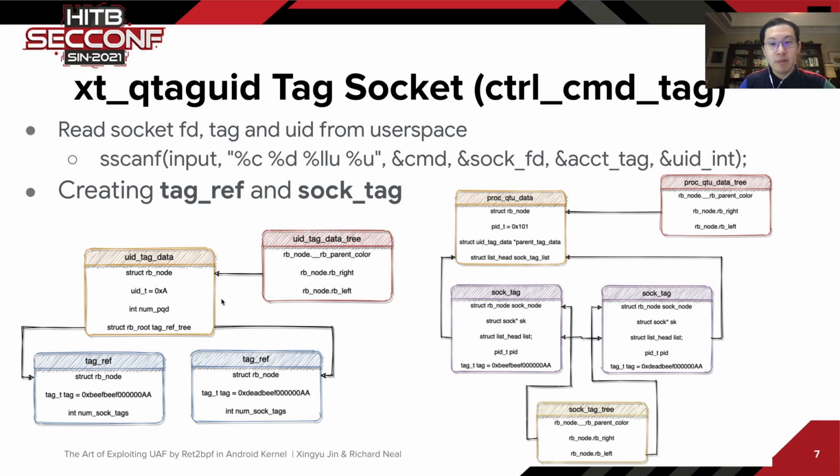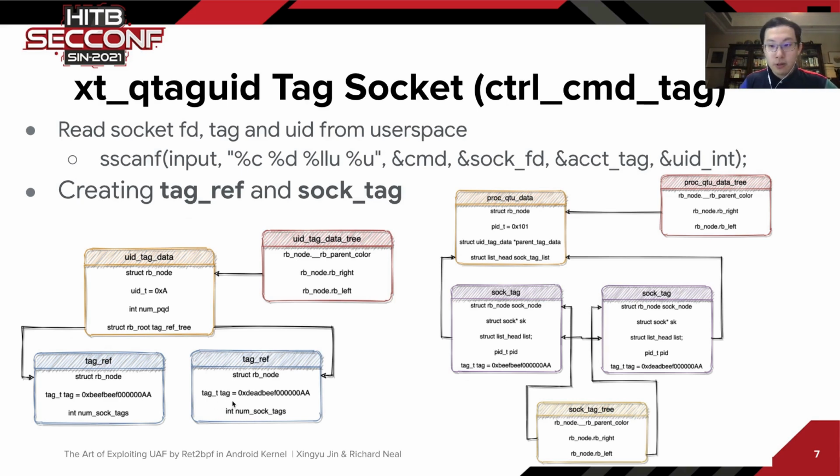So first of all, the module will find the corresponding UID tag data based on the UID. The kernel will search a global variable called uid_tag_data_tree and find the corresponding UID tag data. Then a specific structure called tag_ref is allocated and initialized with the tag and the reference count. By the way, the tag is just a 64-bit integer.